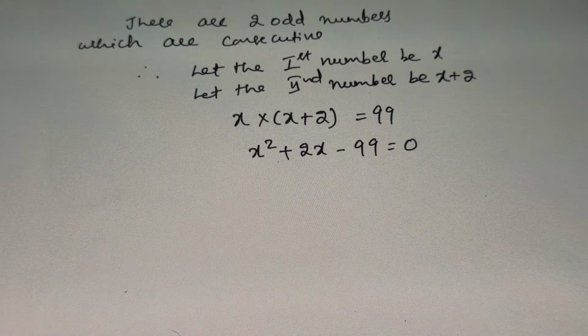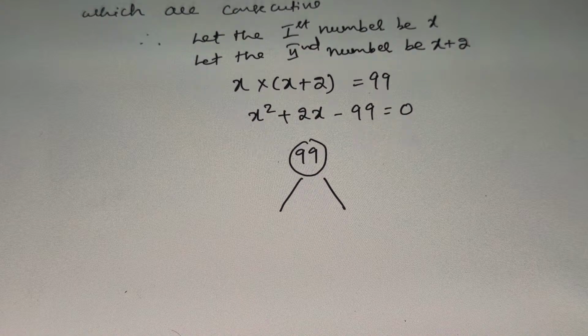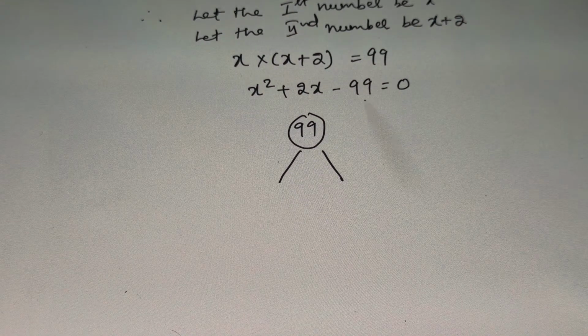Now you have the number 1 into 99. First number and last number must be multiplied. So 1 into 99 is 99. So let us find the two factors of 99. If you add or subtract, you should get the middle term.